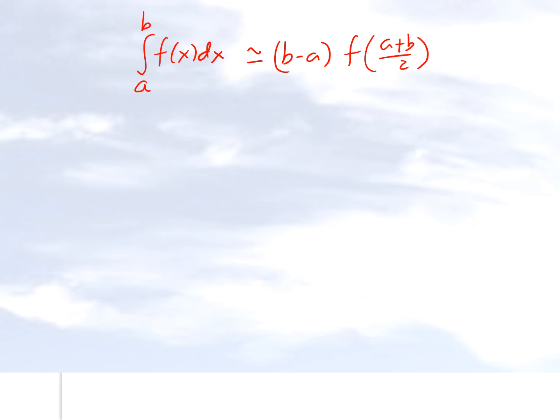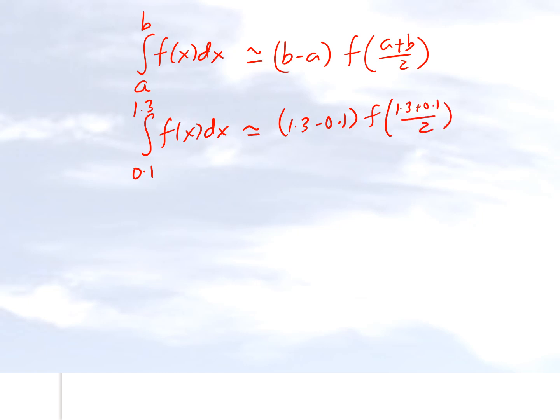So we have the formula saying that the integral from a to b of f of x dx is approximately c1, which is b minus a, times the value of the function at the midpoint. Since our integral is going from 0.1 to 1.3, we just substitute the values of a and b.